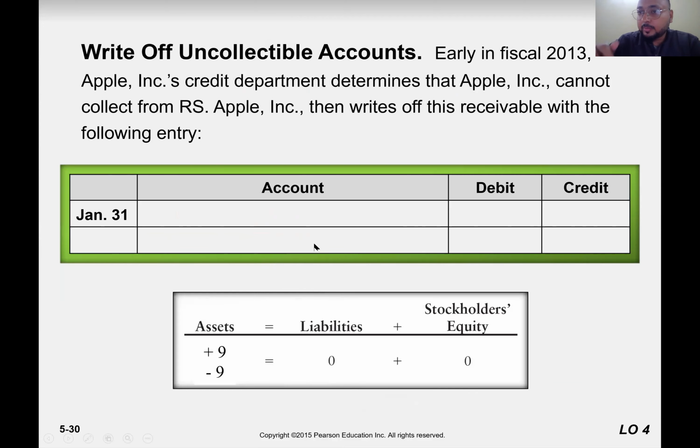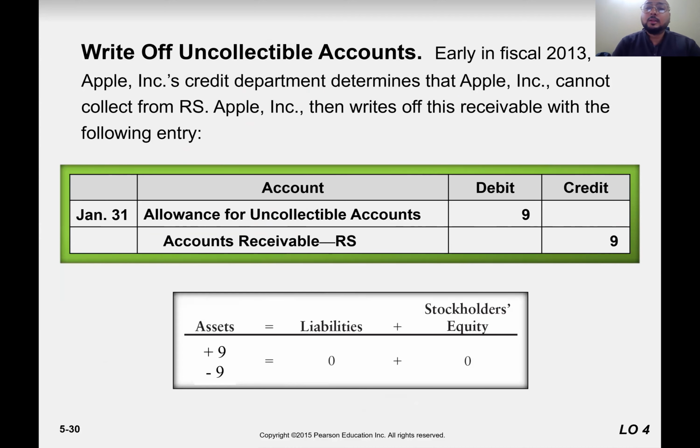Decrease in accounts receivable is credit, increase in allowance is credit. Remember, allowance is a contra account for accounts receivable. Increase in accounts receivable is debit, and increase in allowance is credit. Decrease in accounts receivable is credit, and decrease in allowance is debit. Opposite, right? So we charge this RS to allowance. Decrease in RS, we eliminate the RS, so we make the reverse entry. The entry would be allowance for uncollectible account to accounts receivable RS, right?